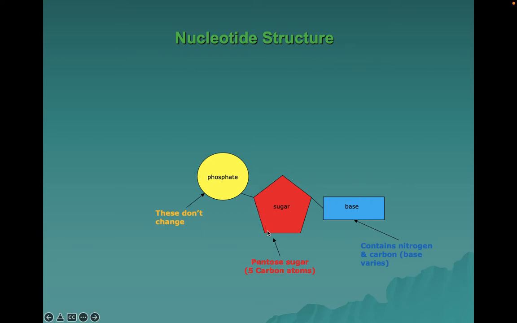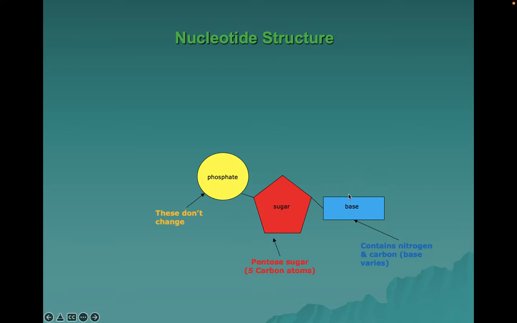Then you've got a pentagon shape, which represents pentose sugar. The word pentose refers to the fact that it looks like a pentagon, so 5 sides, 5 angles, but also to the fact that it contains 5 carbon atoms within its structure.